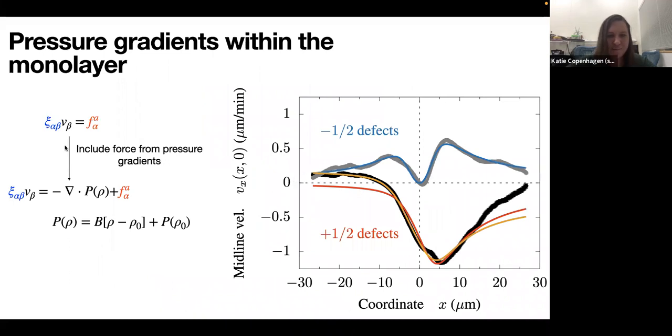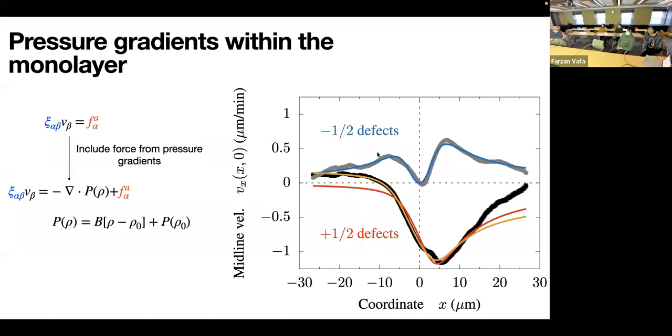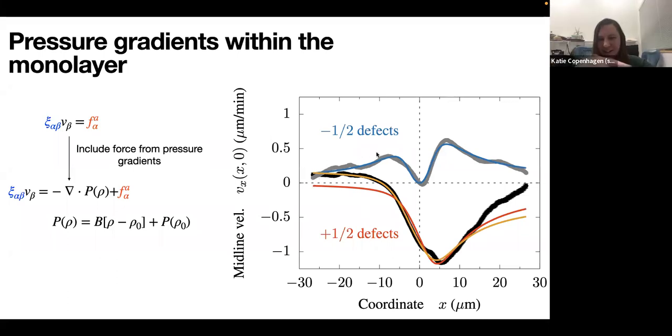For our negative defects, the model fit is in blue, and the actual experimental data for the X component of the velocity along the center line is in gray. So this is the experimental data and then the fit on top of it. You can see they're very closely fit for the negative defects, and for the positive defects, the fit is in red here, and the experimental data is in black.